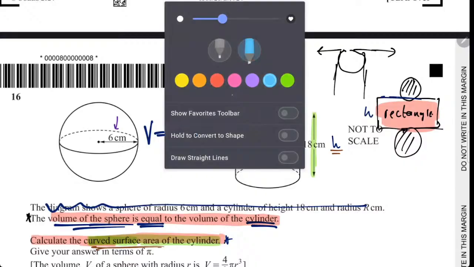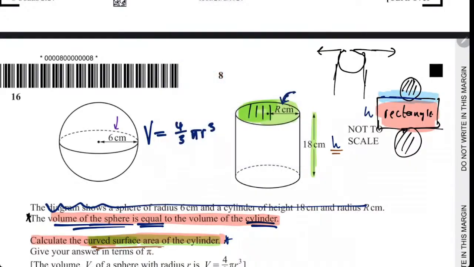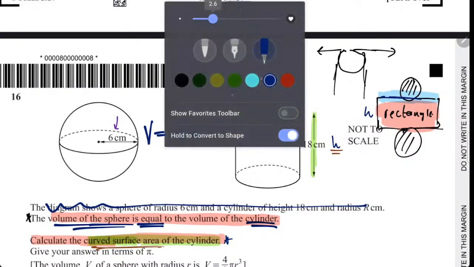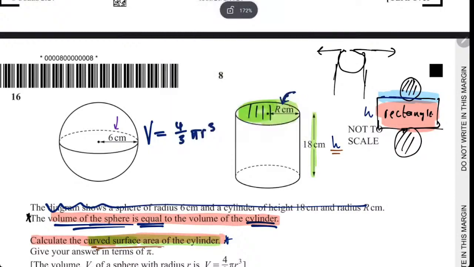These are the length which I've put in blue, because to get the curved surface area, we need to get the area of that rectangle. And the length of that rectangle is from the circumference, the distance right round, which is 2 pi r. The distance right round the circle when you open it is 2 pi r.